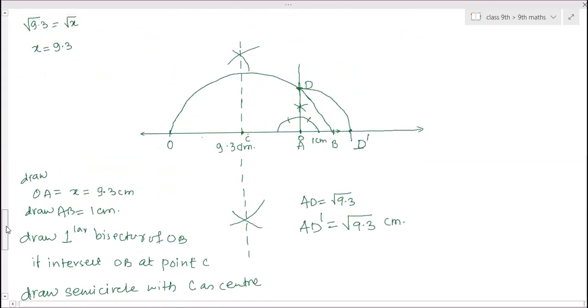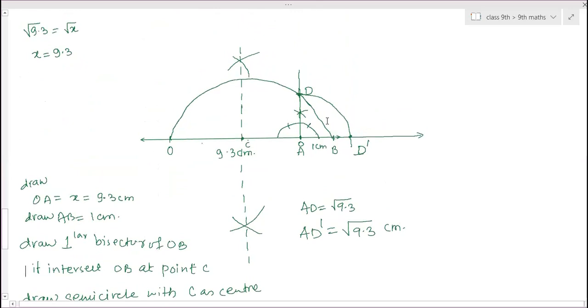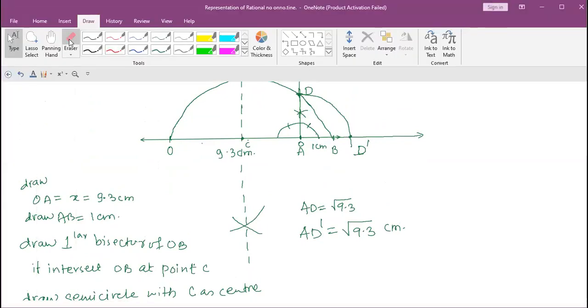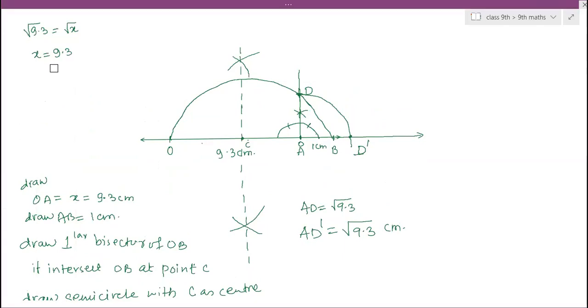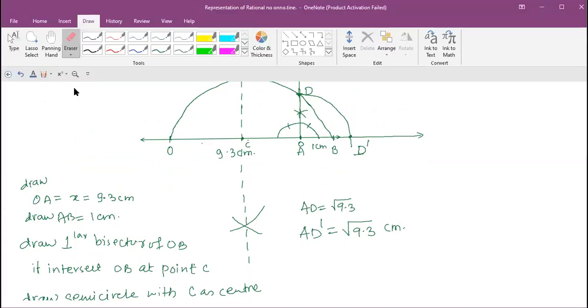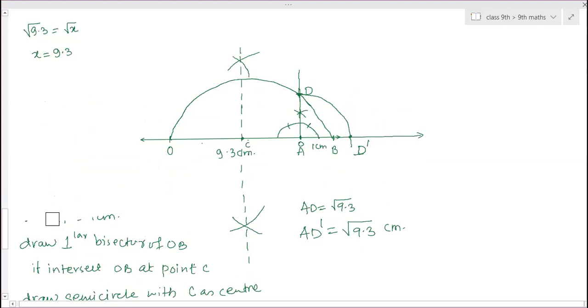Now we have to see the justification. Why exactly is the AD distance root 9.3? How can it be? For that you need the justification, so we have to do some proving part. So I'm erasing the steps.